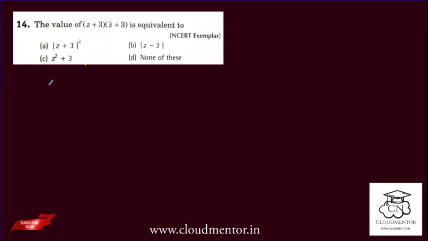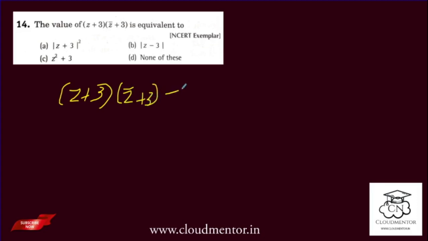So it is z plus 3 of z bar plus 3. It's becoming more difficult to write. Okay, I'm writing once again: z plus 3 of z bar plus 3.